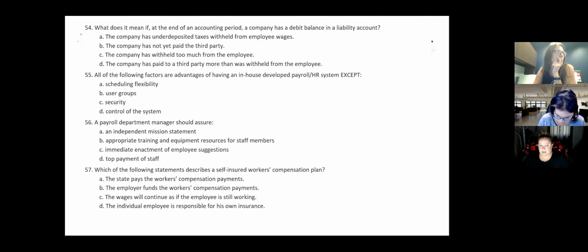What does it mean if at the end of an accounting period, a company has a debit balance in a liability account?